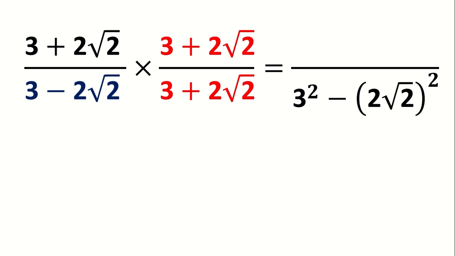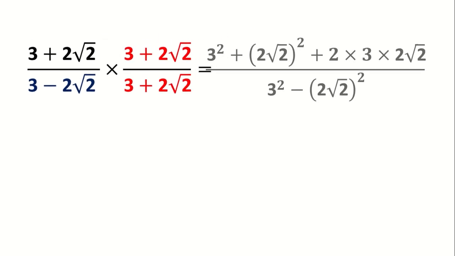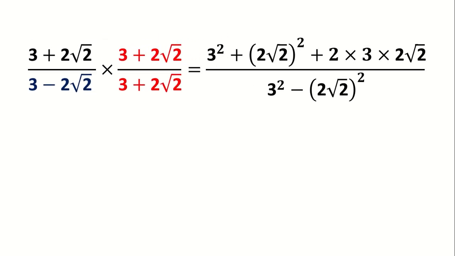And the numerator has 3 plus 2 radical 2 multiplied by itself. So as a binomial square, we have 3 squared plus (2 radical 2) squared plus twice the product of the first and second terms, so 2 times 3 times 2 radical 2, which can be simplified.